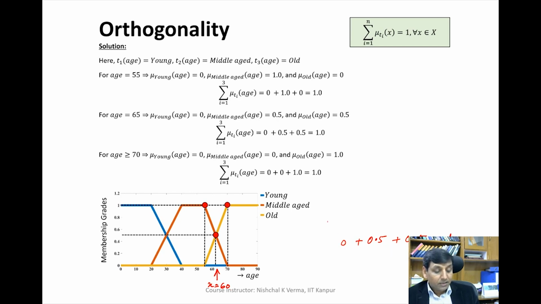So mu young of 60, mu middle-aged of 60, and mu old of 60 give us the summation 1.